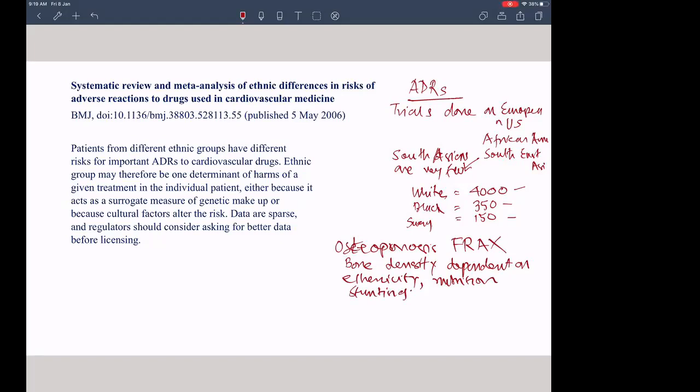Yes. So when FRAX was developed, it was predominantly for Europe and Caucasians. Yes, and those osteoporosis fracture risks do not apply to all populations.